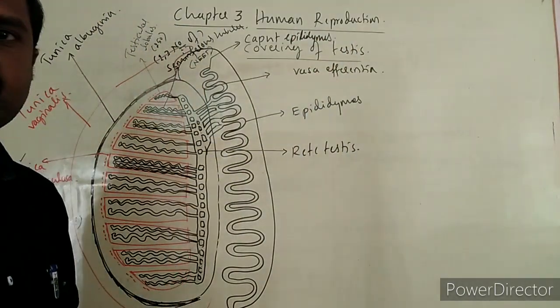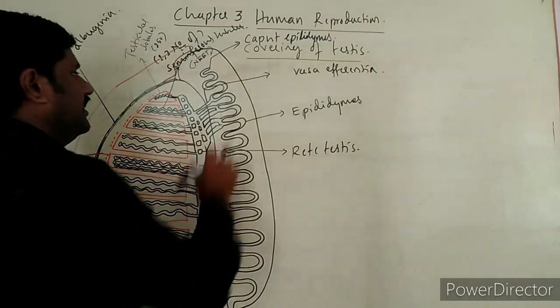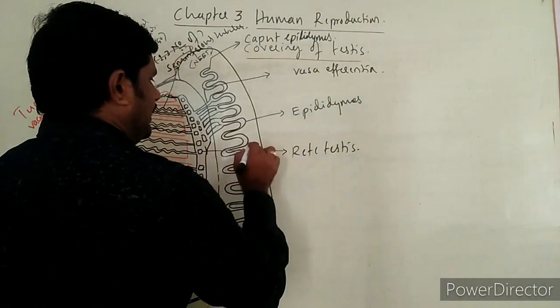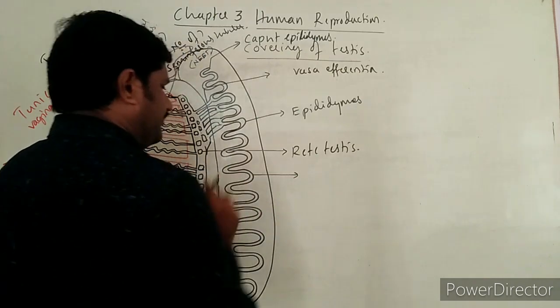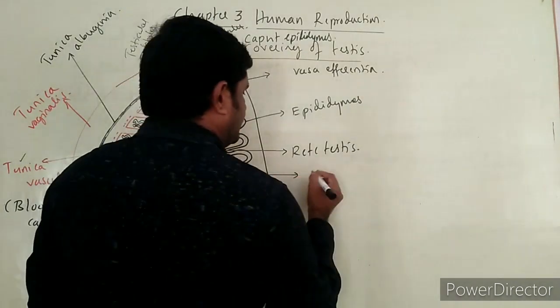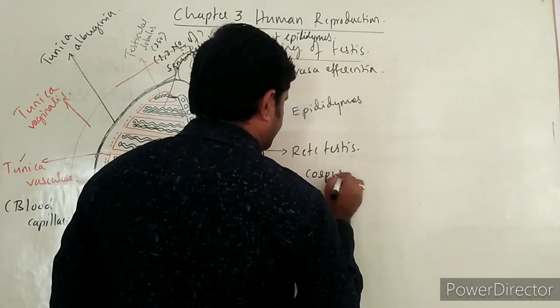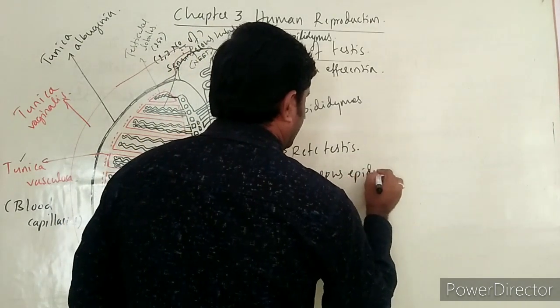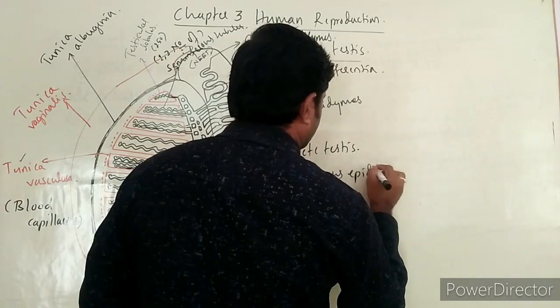Caput epididymis is the head part of this epididymis, and this is the body, which is called corpus epididymis.